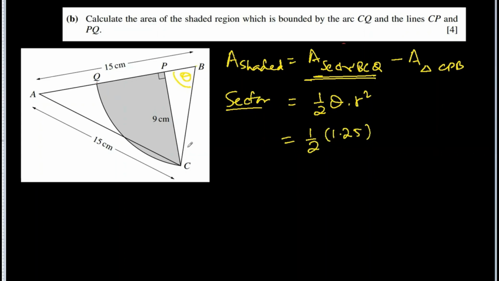Let's try to find side BC, which is the radius. So radius is nothing but the side BC of the triangle. And in this triangle, let me redraw the triangle here so that it becomes easy to understand. This is 90 degree. This is 9 centimeter. The angle is 1.25. So we can find the radius, which is the hypotenuse, by using sine theta.